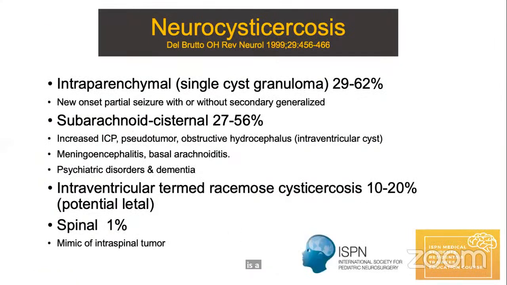We consider the classification of neurocysticercosis. Intraparenchymal with cysticercus granuloma and new onset partial seizures with or without secondary generalization. Subarachnoid cisternal is the other form.